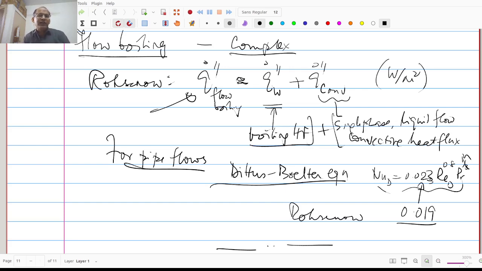And we understood the various methods by which the problem can be solved. We looked at order of magnitude analysis for laminar, integral analysis, and similarity analysis, and we compared them. And we also understood how to simulate laminar flows using CFD and use that as a possible method.